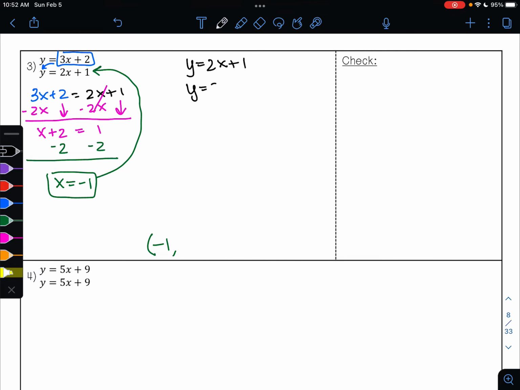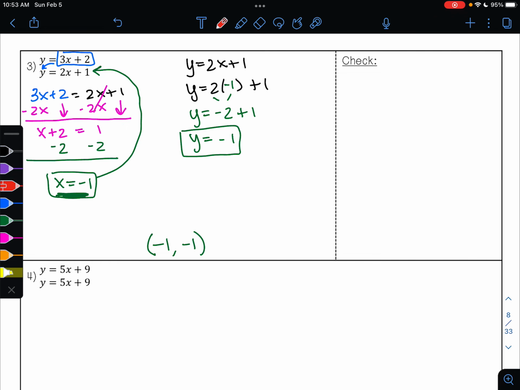So y equals 2, and then I'm going to multiply that 2 by negative 1 because that's what we got x to be. So from here, y equals 2 times negative 1 is negative 2. Negative 2 plus 1 is negative 1. So my y is negative 1.